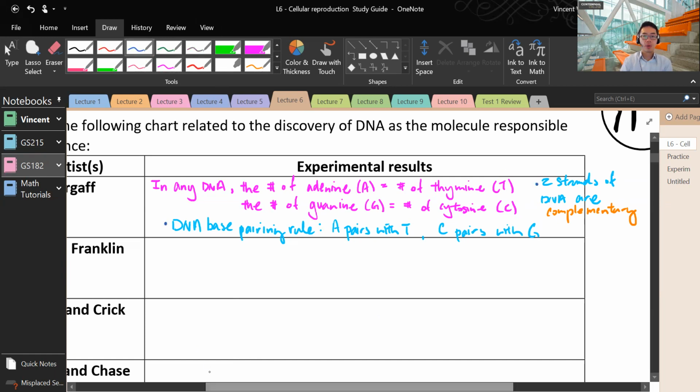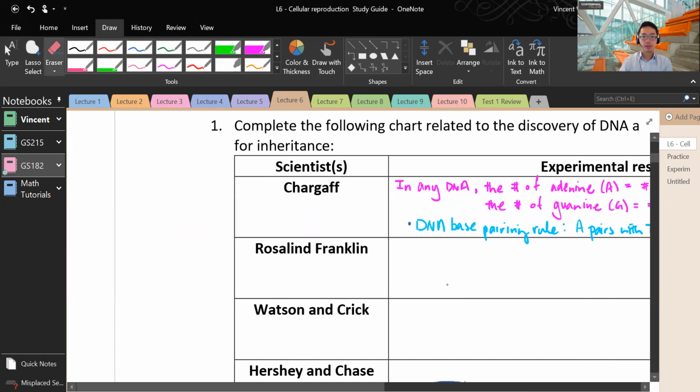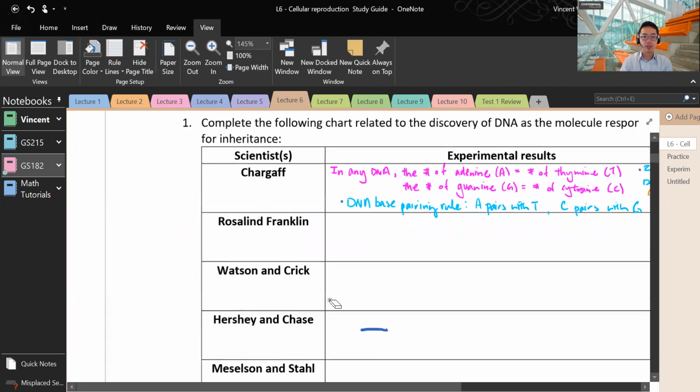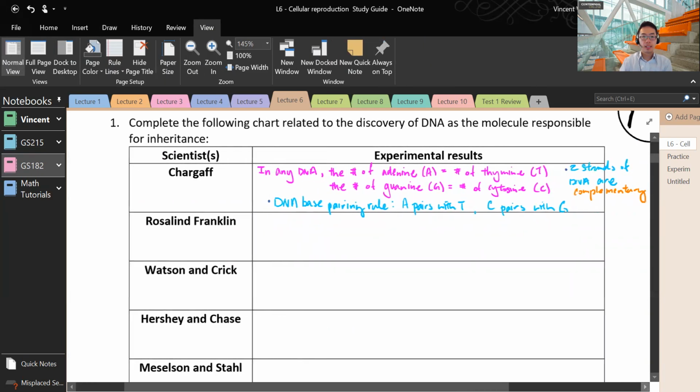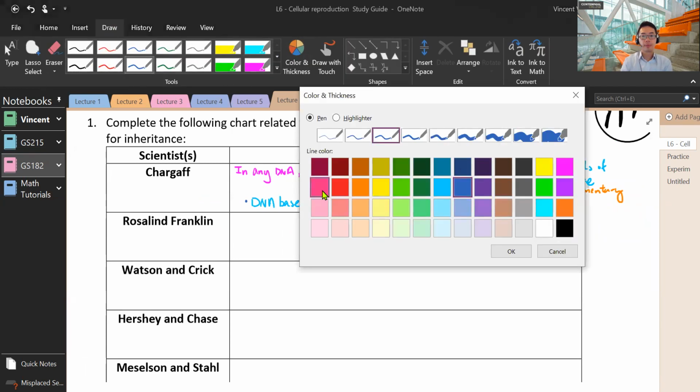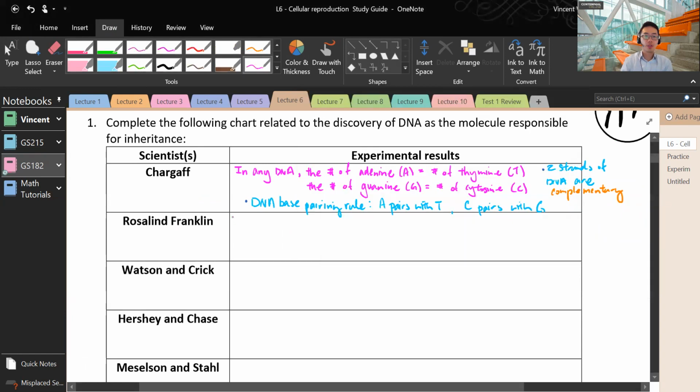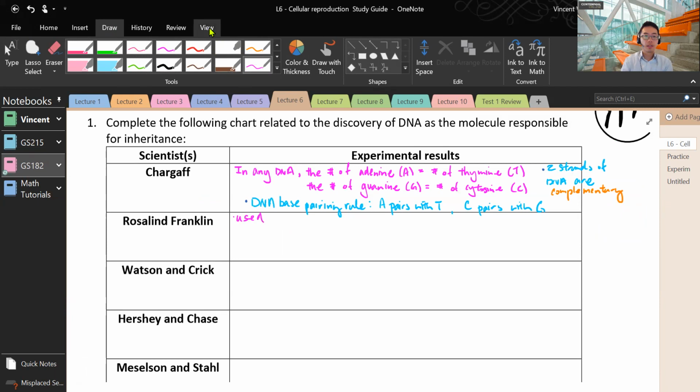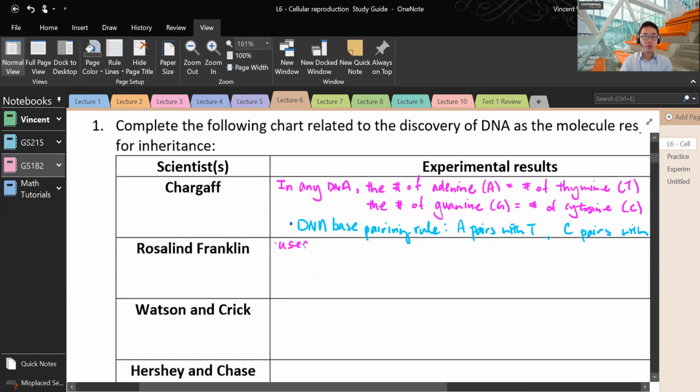Next one, we have Rosalind Franklin. Sorry, Rosalind Franklin. So what did she do? Well, what she did is she used X-ray to study the structure of DNA.